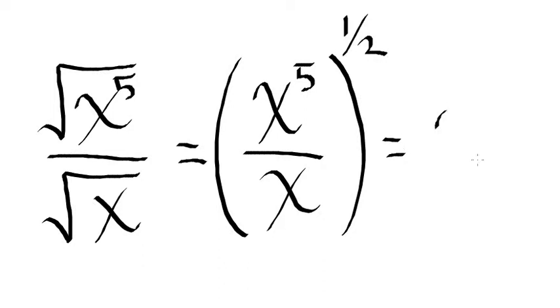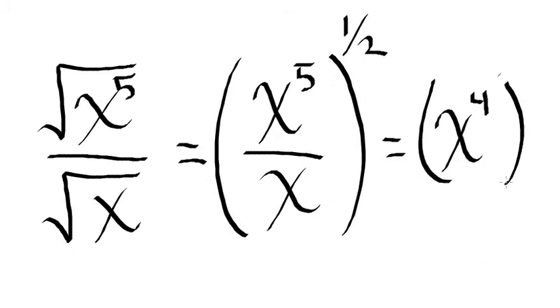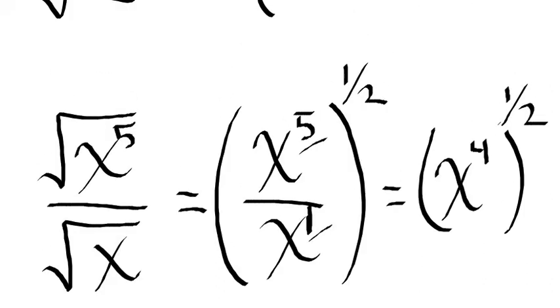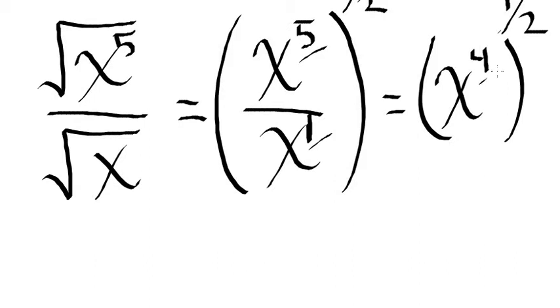But this reduces down to x to the 4th to the half, right? Because you got 5 x's in the numerator, 1 in the denominator, so we can reduce that to x to the 4th, and then of course you would multiply their exponents, and this becomes x squared. 4 times a half is 2. Reduces down to x squared.